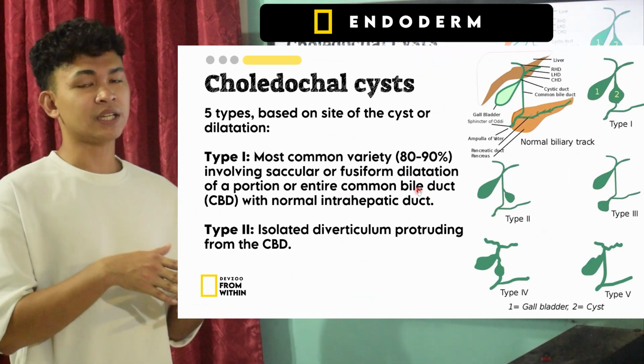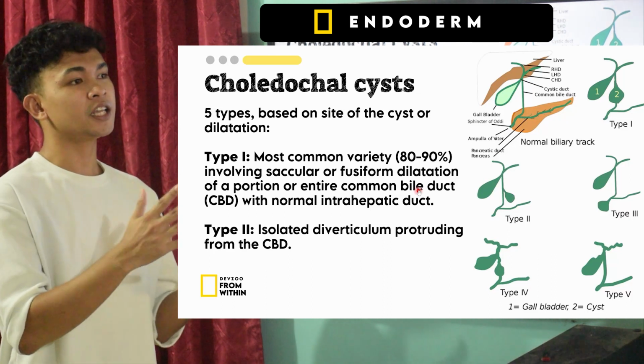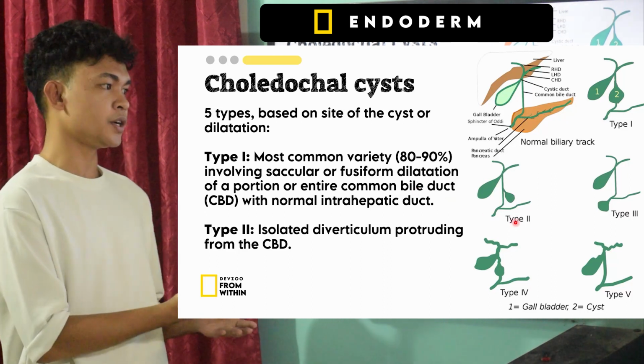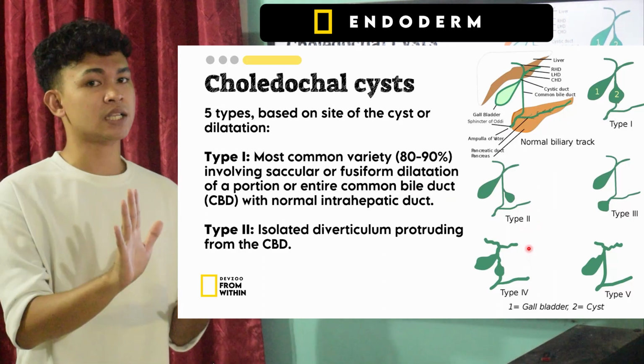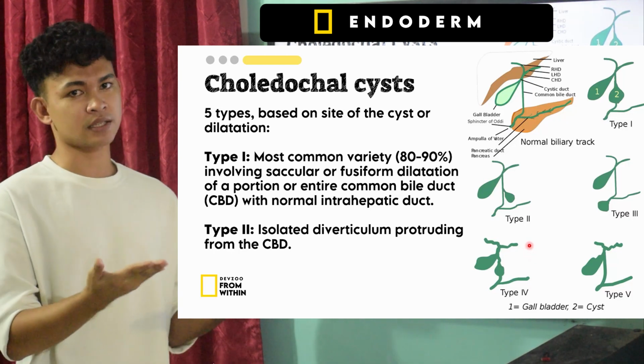So, ang tendency is yung bile is babalik doon sa liver and it may cause inflammation to the liver, pancreas, and the gallbladder. So, there is a high chance na magkaroon ka ng cancer sa liver, gallbladder, and pancreas.